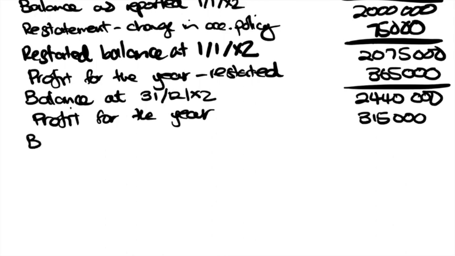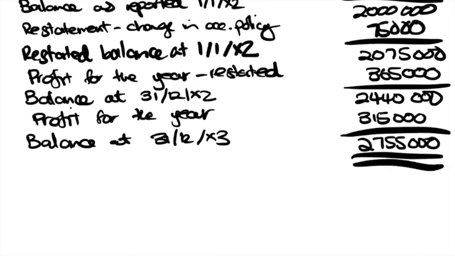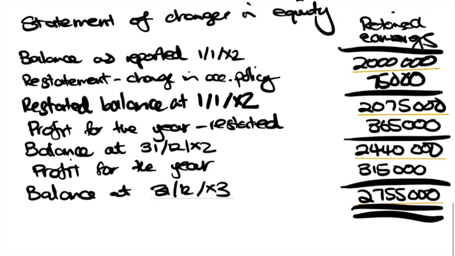And then we're going to have our closing balance at the 31st of the 12th, X3. Our closing balance there is going to be 2755. So that's what the statement of changes in equity is going to look like once we have done this restatement.